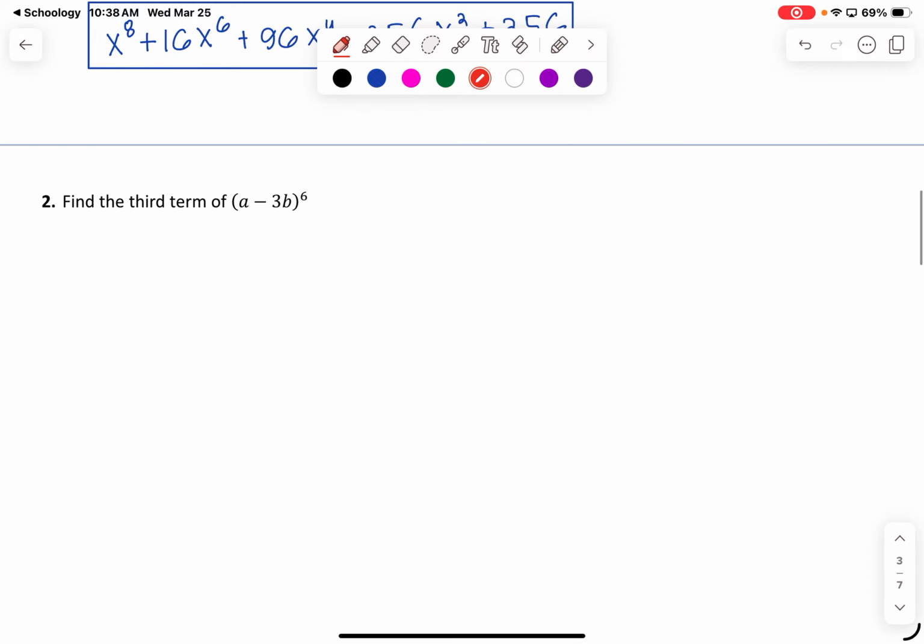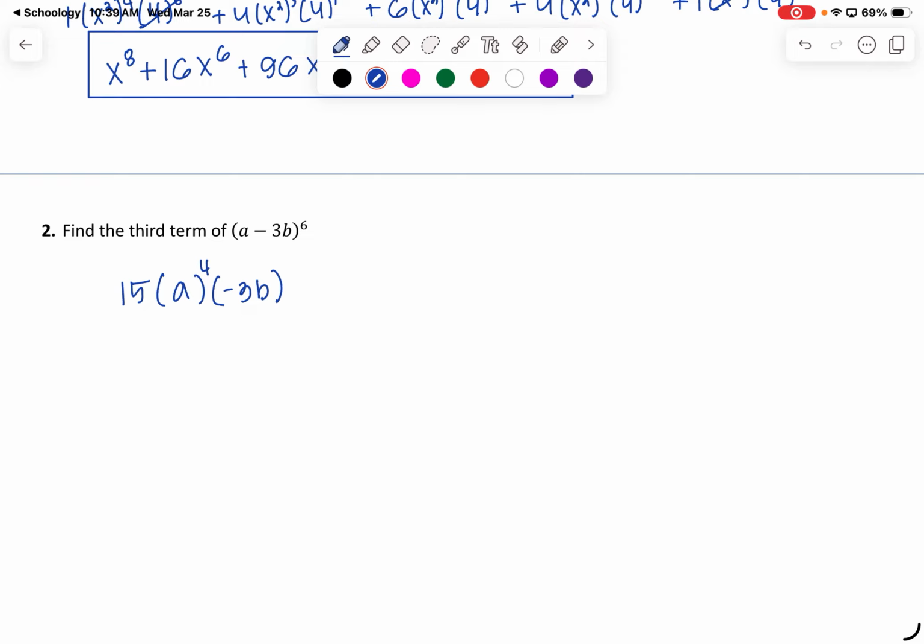Okay, so my 3rd term, this is my 1st term, 2nd term, 3rd term would be 15. So I know that. I'm going to show you another way to get that 15 in the future, instead of having to go through Pascal's triangle every time. And then I have a to a power and negative 3b to a power. So now I need to know what power that is going to be. If it's the 3rd term, then remember it starts off as a to the 6th is my 1st term, a to the 5th is my 2nd term, a to the 4th is my 3rd term.